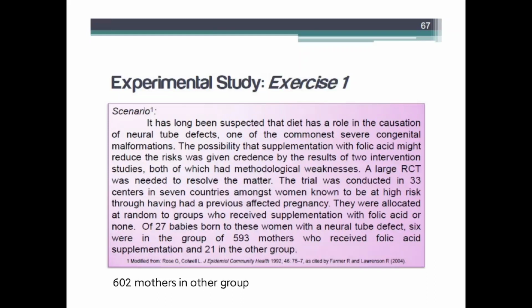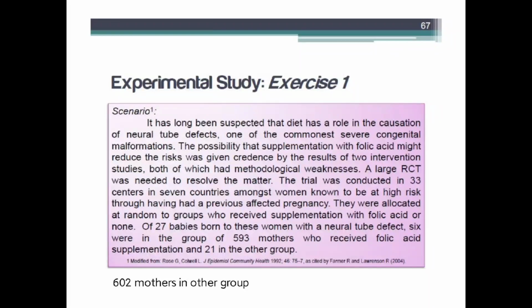So, experimental study exercise 1. It has long been suspected that diet has a role in the causation of neural tube defects, one of the commonest severe congenital malformations. The possibility that supplementation with folic acid might reduce the risks was given credence by the results of 2 intervention studies, both of which had methodological weaknesses. A large randomized control trial was needed to resolve the matter.